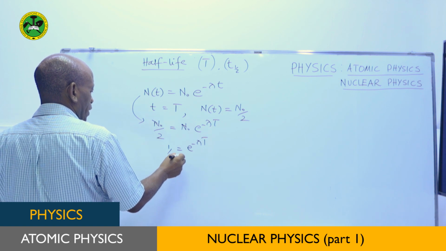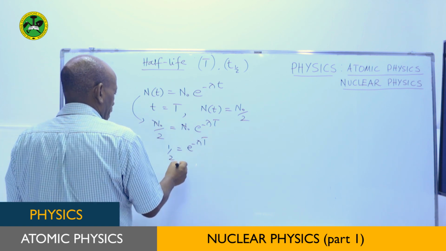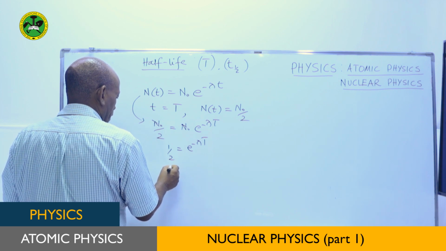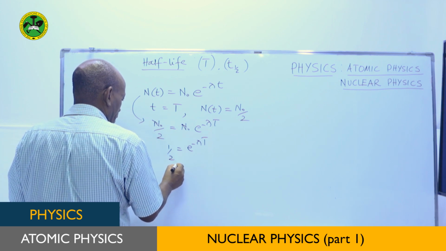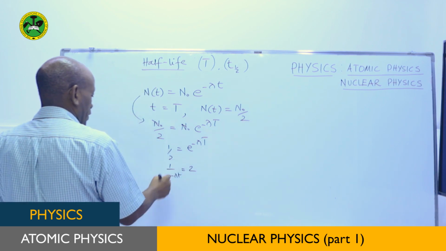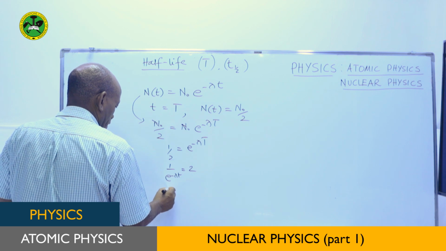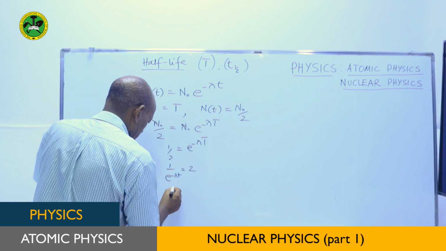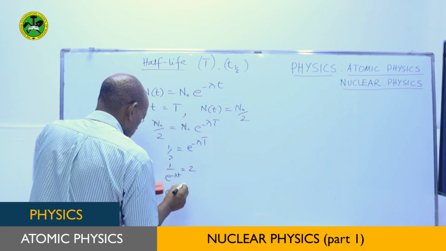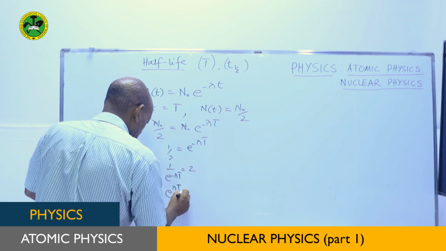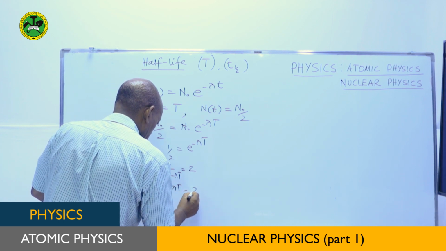And we can really be having e power minus lambda T equal to 1 over 2, or in other language I could say e power lambda T, T being the half-life, is equal to 2.